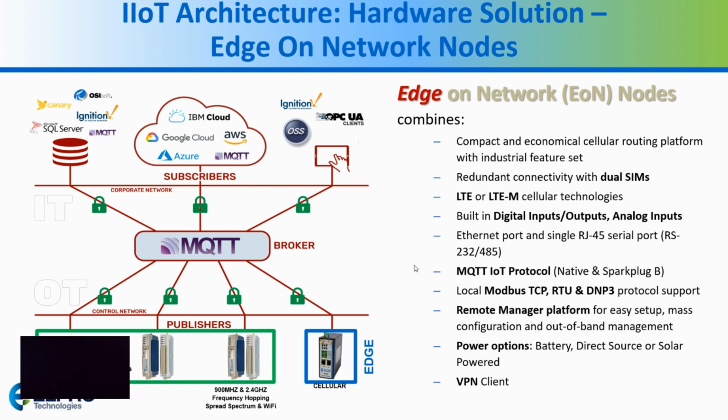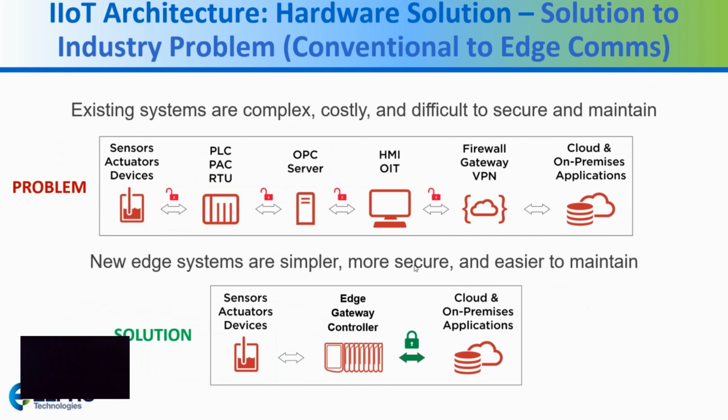And then on the fog, as it's called, we have multiple devices that communicate Wi-Fi, unlicensed 900, and licensed frequencies, and also a hardwired connection via Ethernet.